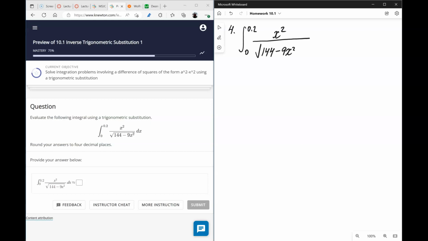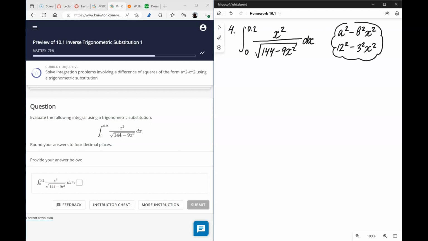We're just going to run through them. But the idea is, again, we notice this pattern. We notice that 144 is 12 squared, 9 is 3 squared.